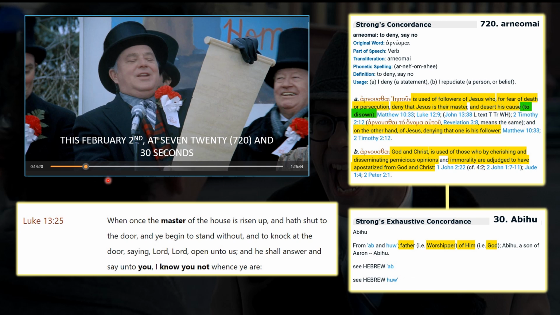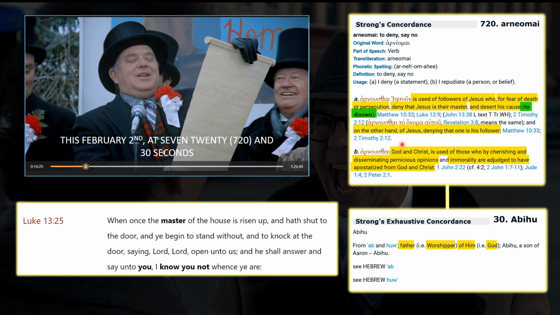So he says here, "This February 2nd at 7:20 and 30 seconds." The number 720 in the Bible is to deny, to say no. It is used of followers of Jesus who, for fear of death or persecution, deny that Jesus is their master and desert his cause, to disown him. But on the other hand, it's also of Jesus denying that one is his follower.